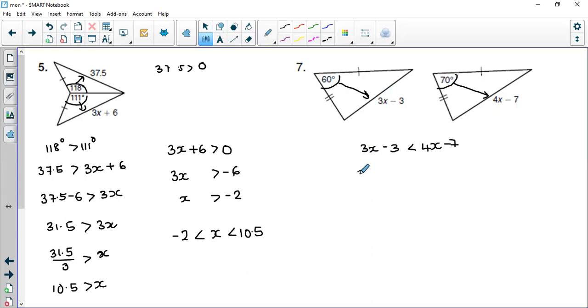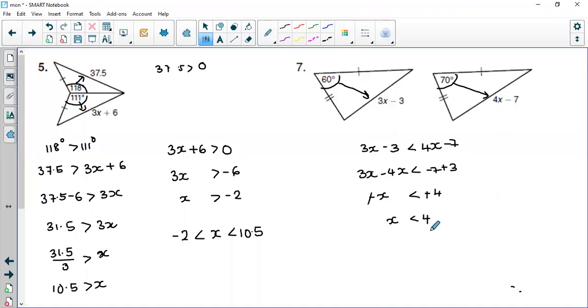Now just solve it. 3x minus 4x is less than negative 7 plus 3. This is negative x is less than negative 4. Then we could cancel the negatives. This is going to be x is less than 4. Now, for the next one, of course, you're going to compare that with a 0.